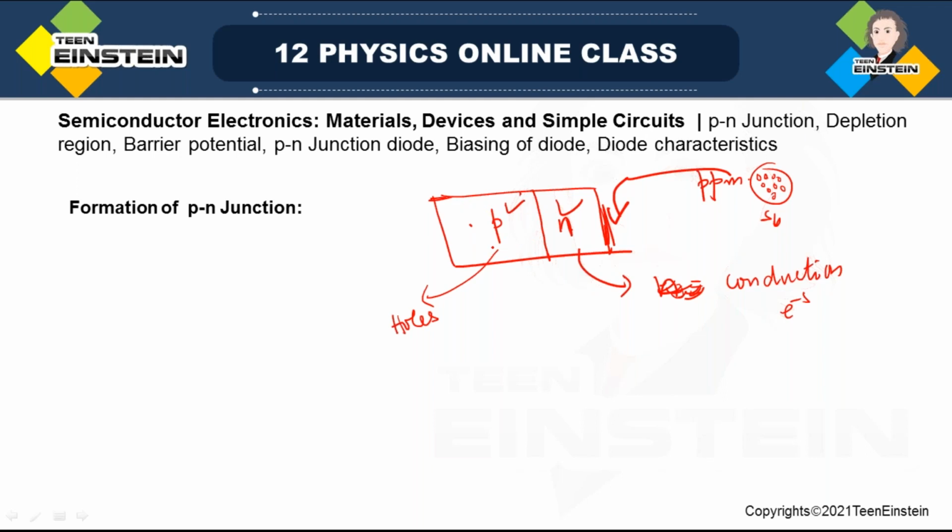You have a very large concentration of holes here, and a very large concentration of conduction electrons in the N region.